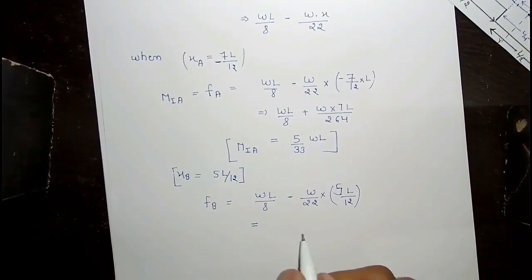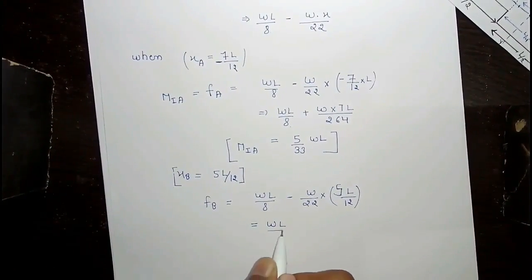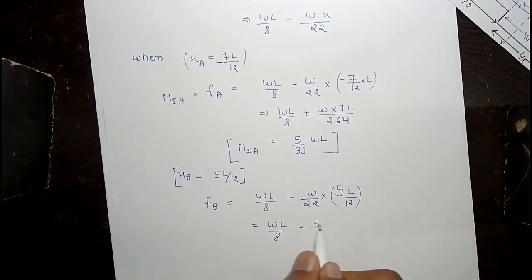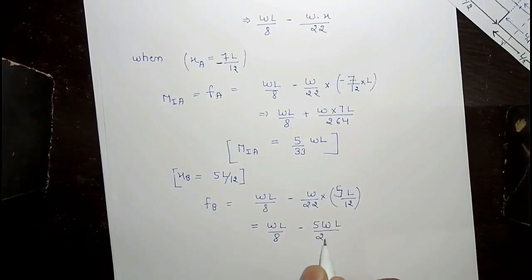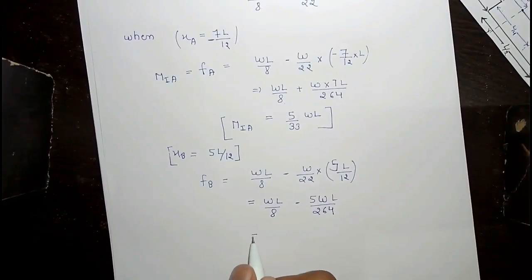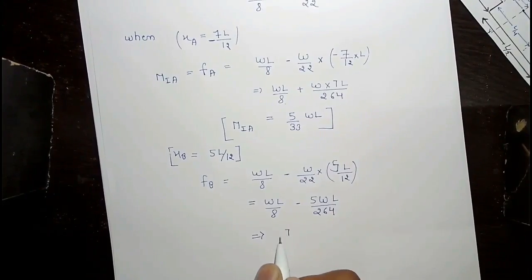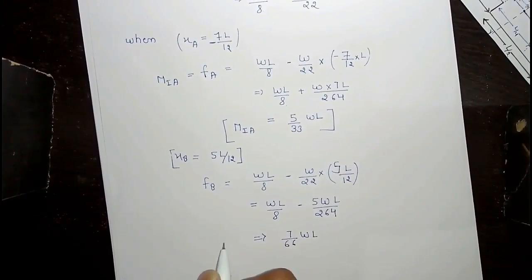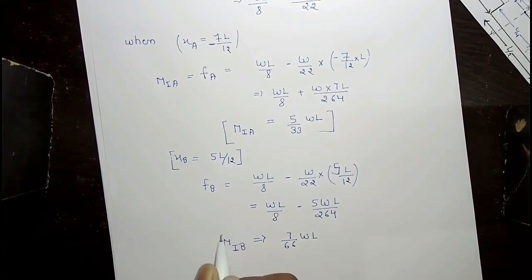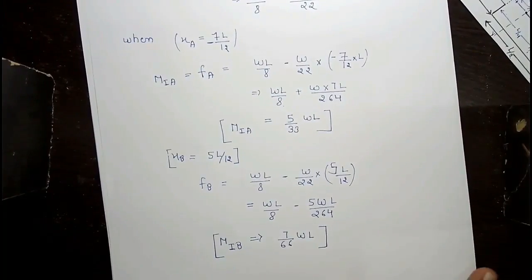By solving this, WL by 8 minus 5WL divided by 264 gives 7 by 66 into WL, which is Mi at B, the indeterminate bending moment at B.